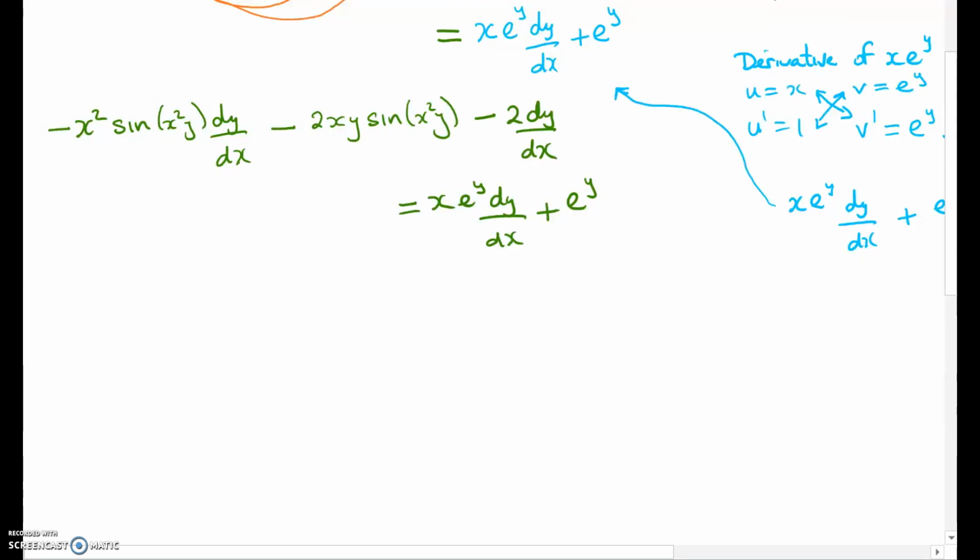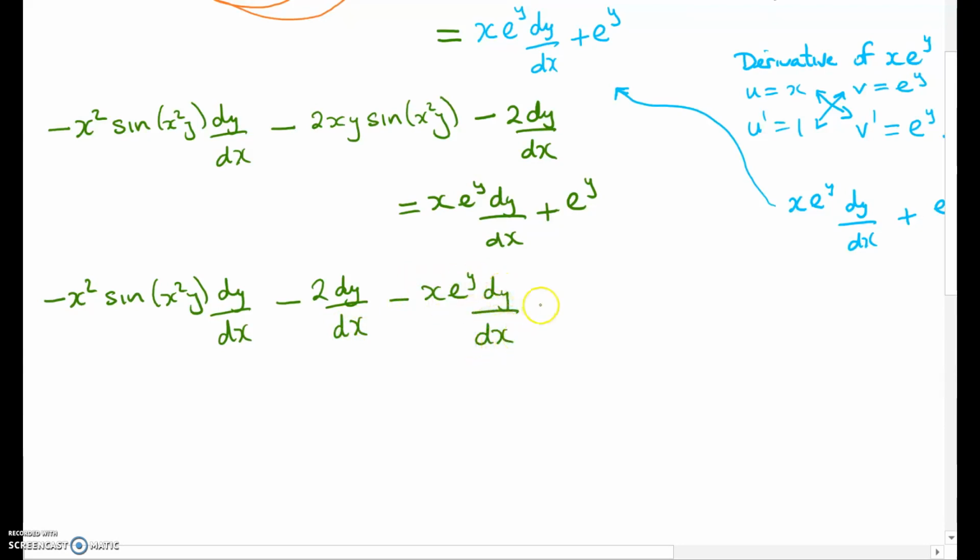Next thing, anything with dy dx should all be on the left hand side of this equation, either the left or the right, but for simplicity we'll say on the left. So that'll be negative x squared sine x squared y dy dx minus 2 dy dx, and bring the next term across, minus x e to the y dy dx.